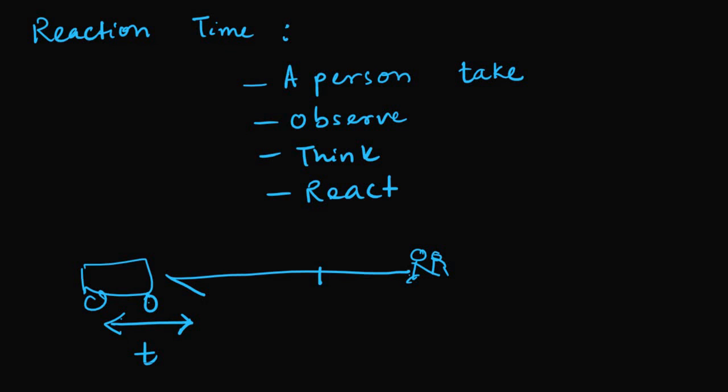Okay, now I'll be writing it as RT. Here he applied brakes, he could have applied here. Now another person may apply it here. It can be different for different persons. So that's why reaction time depends on individual presence of mind as well as the complexity of the situation.